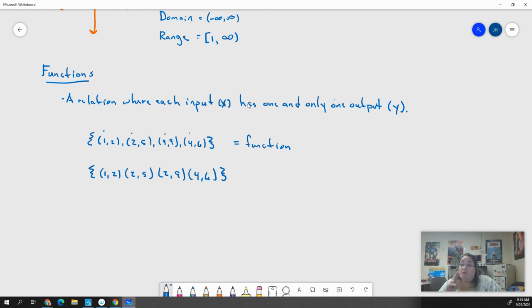But if they don't have the same y value, it's not a function, because our input has to have one and only one output. So if my input is 2, it has to always kick back a 5. If my input is 2 and then it kicks back a 9 within that same set, not a function. Make some sense?